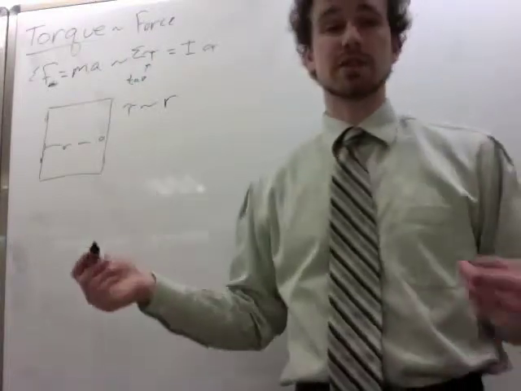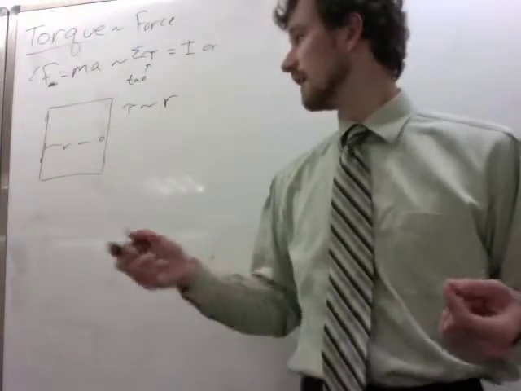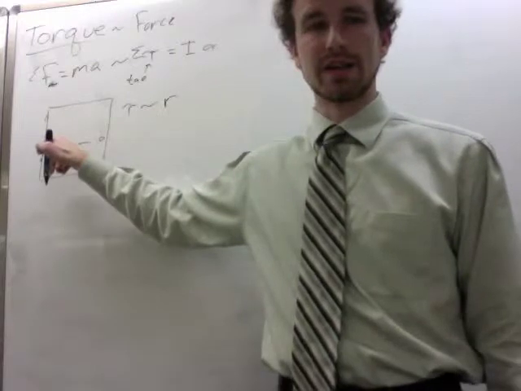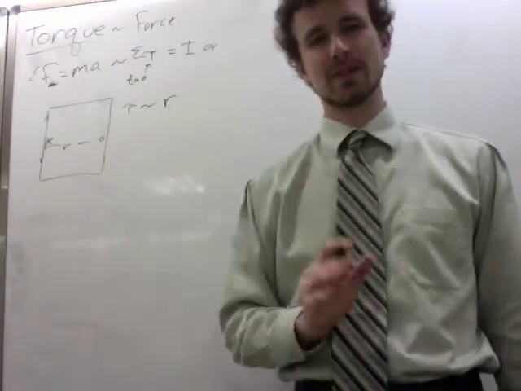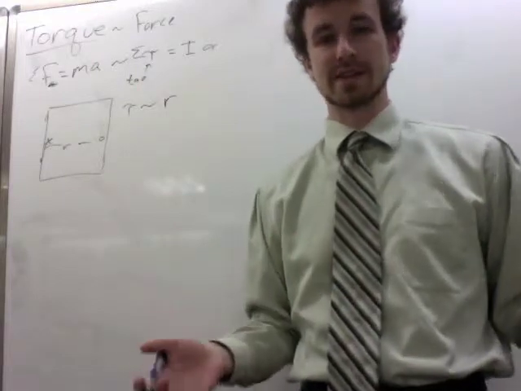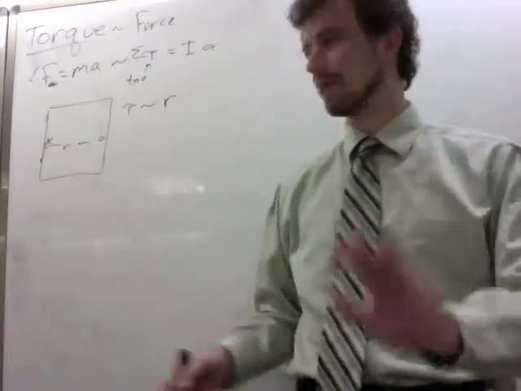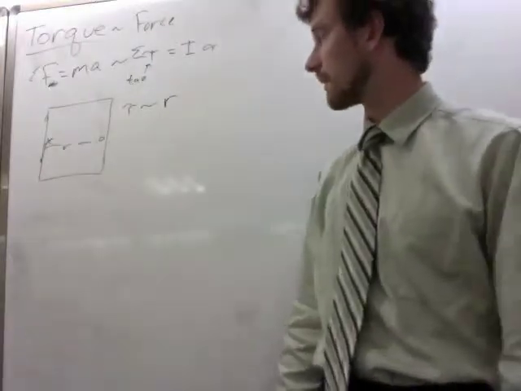It's related to force. It's also related to how far that force is acting from the pivot. If you push on a door right near the hinges, it takes a lot more oomph to get the door to open or close as fast as you would if you push on the outside. So next time you're going to a door, try to open it by pushing right near the hinges, and people will laugh at you, but you'll learn something about torque.